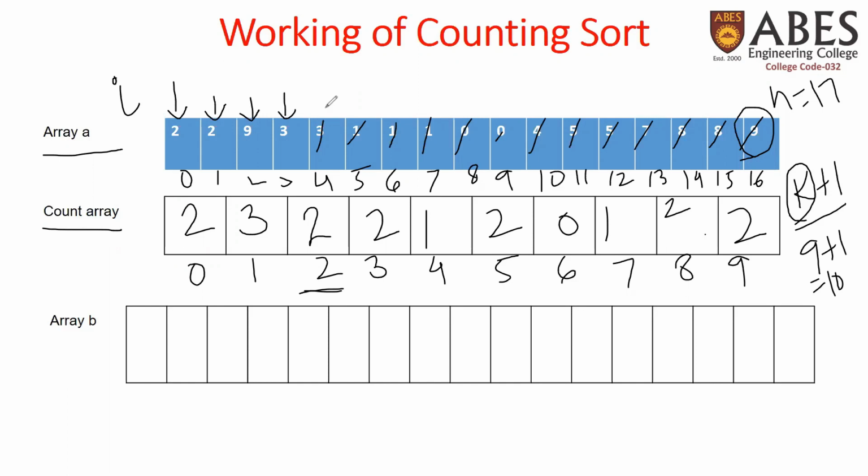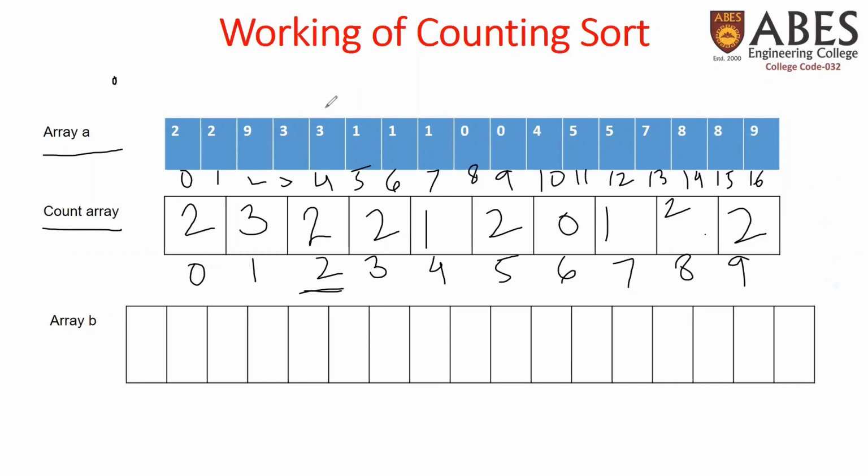By using this count array, you can sort the given array. How can you do this? You need to update the count array. How to update the count array?